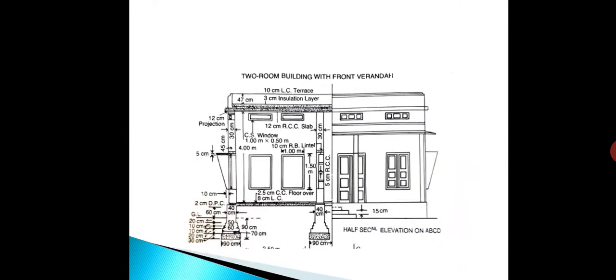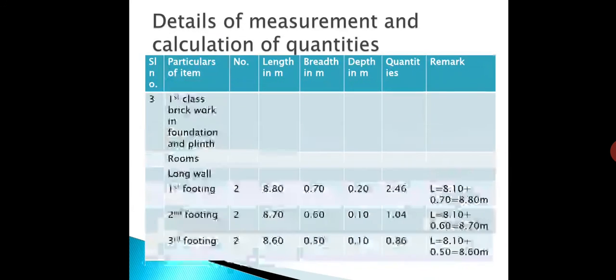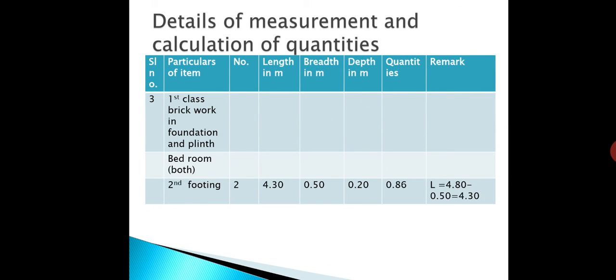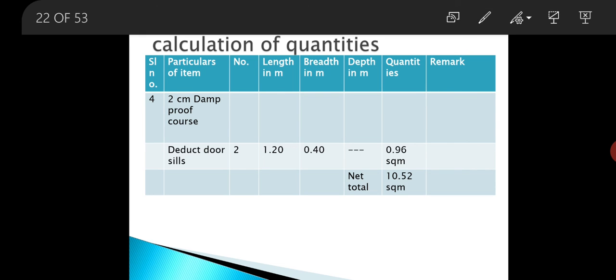Clear? So, in the details of measurement form, see here, write down deduct door sills. Number of door is 2, length is 1.2, breadth is 0.4. So the total quantity for deduction is 0.96 square meter.